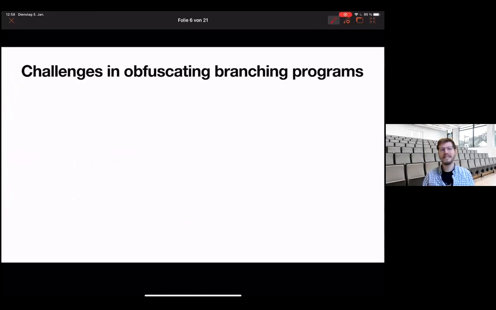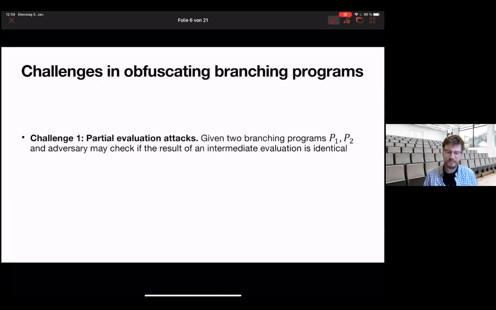So let's see, what if we're given branching programs and we want to obfuscate them? What are the challenges now? So the first challenge in obfuscating branching programs are so-called partial evaluation attacks.